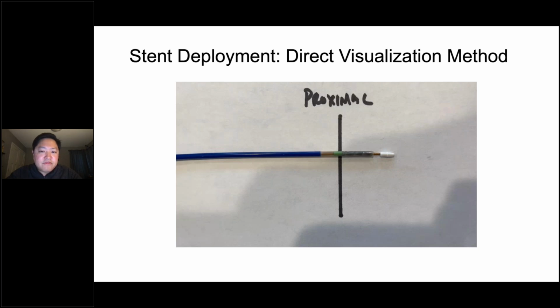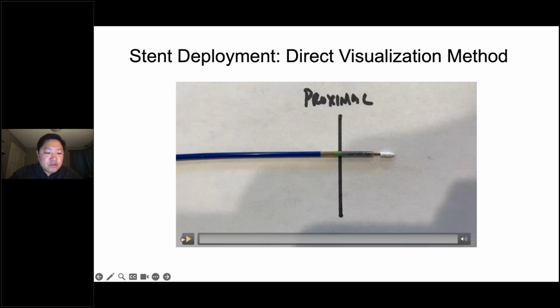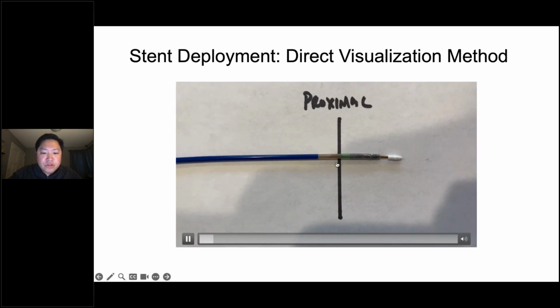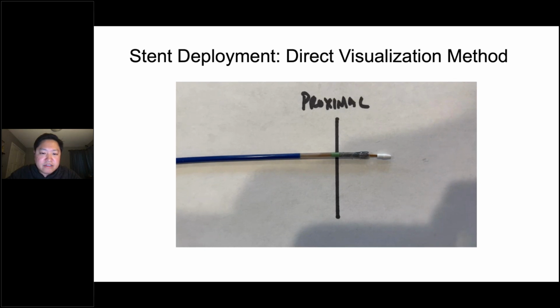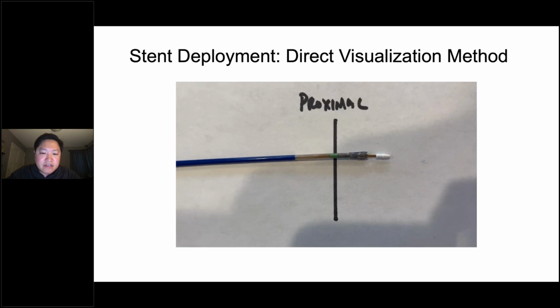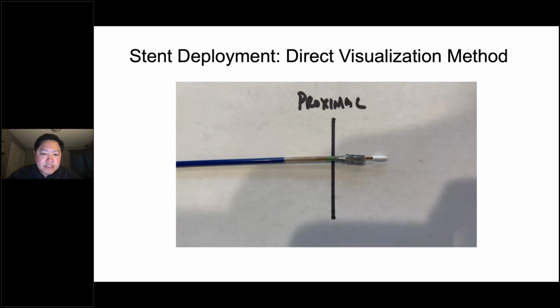When we tell fellows who are learning this, we never say push, we always pull. I can show you the example here. When you line up the green marker, that proximal line is where we want the proximal end of the stent to land. So you make micro adjustments within the airway, and you want to see that green marker right at that point, and you make these little fine-tune adjustments.